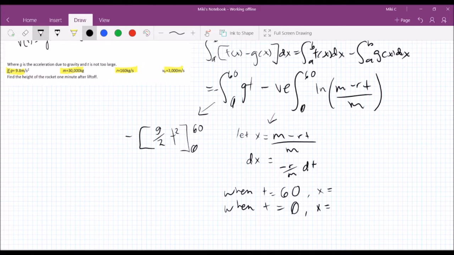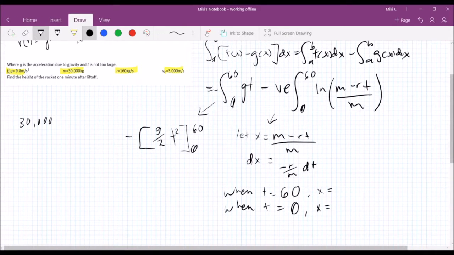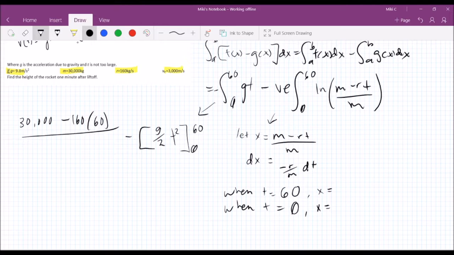So in this case, we have 30,000 minus 160 times 60, divided by 30,000. So when t equals 60, x is going to equal 0.68. So here we've created our new upper boundary. That's going to go right here.